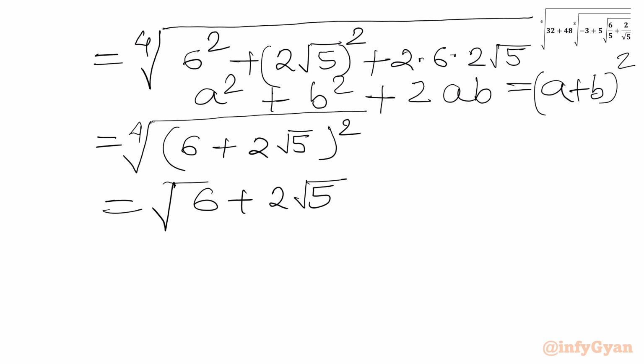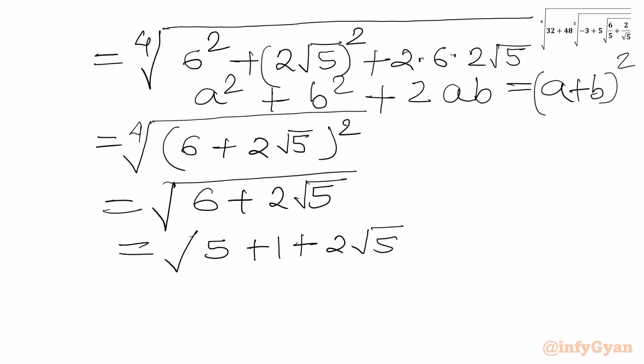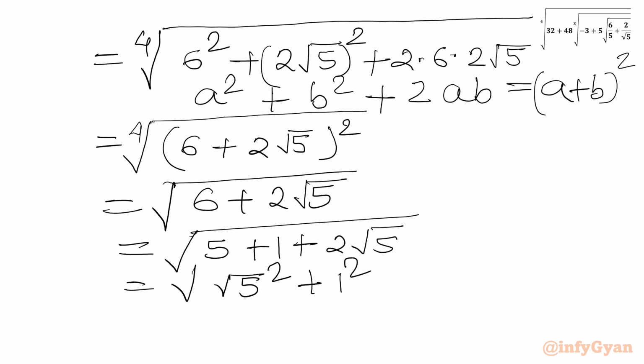Now I can see I can write 6 as 5 plus 1. Then we have 2 square root 5. Now 5 we can write as square root 5 square. This is 5 plus 1 square.